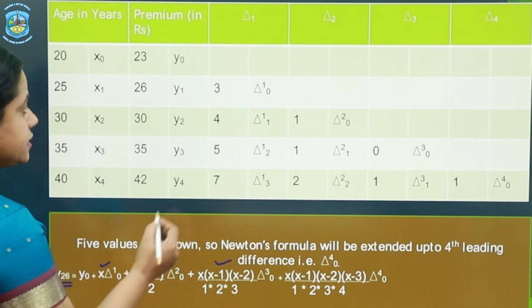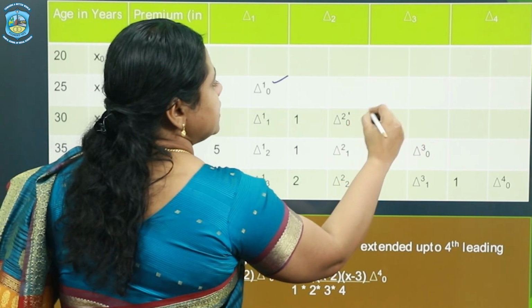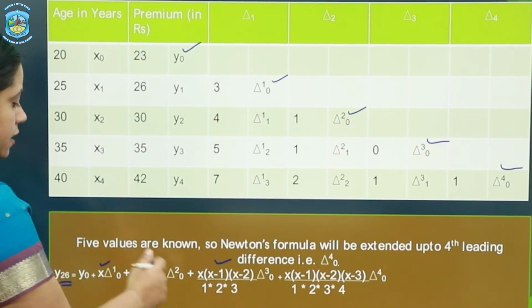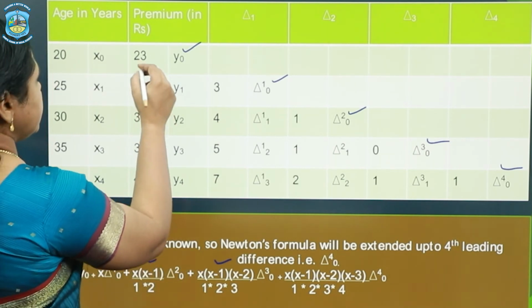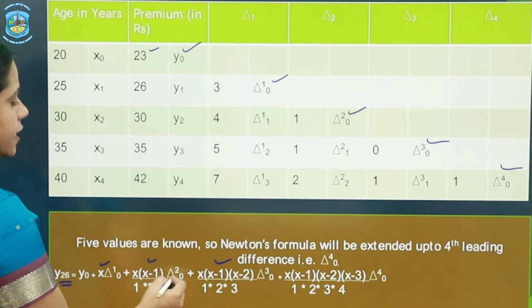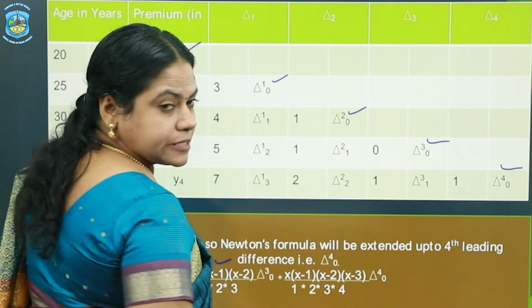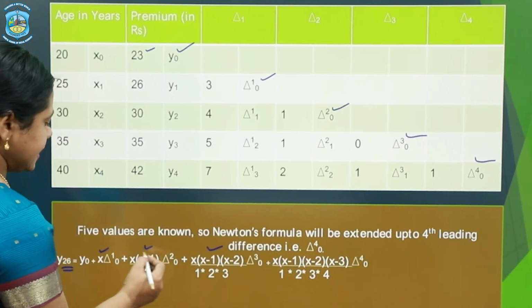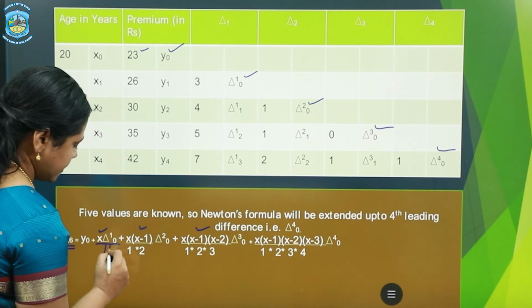So here we have to take up y 0, del 1 0, del 2 0, del 3 0, del 4 0, all the first values have to be substituted here. So y 0 is 23, del 1 0 is 1, del 2 0 is 3, del 3 0 is 0 and del 4 0 is 1. So if it is del 1 0, you have to write 1 factorial.